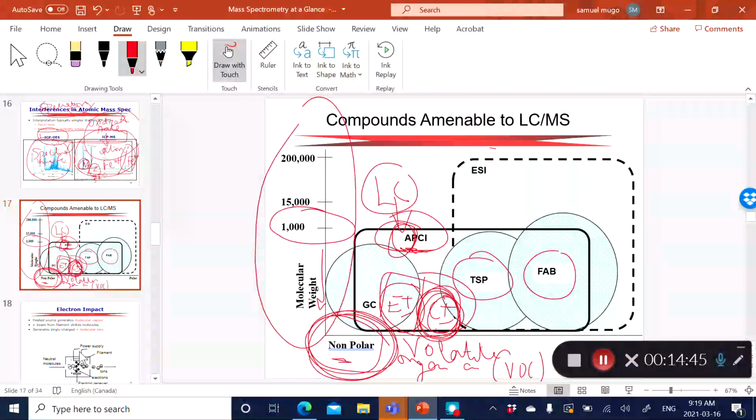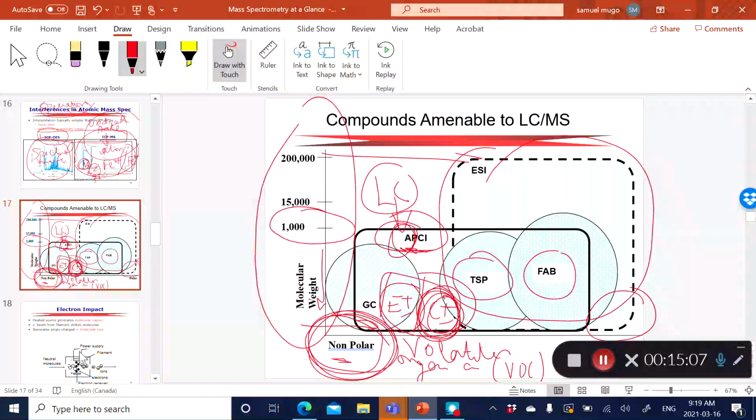But my focus is for you to see the ESI, which is maybe now the gold standard for analysis of polar compounds out there. So it's very, very good for analysis of very large molecules or even very small molecules, so long as they are fairly polar.